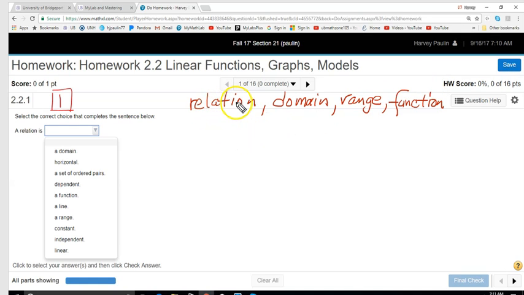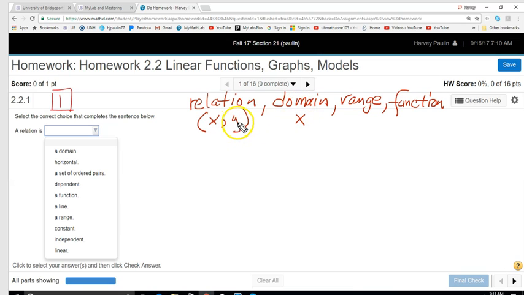A relation is any connection between numbers. That would be a relation. One of the most famous that we'll be studying in this section is the ordered pair, where we have an x and a y. Now, the x item in any ordered pair is considered the domain.